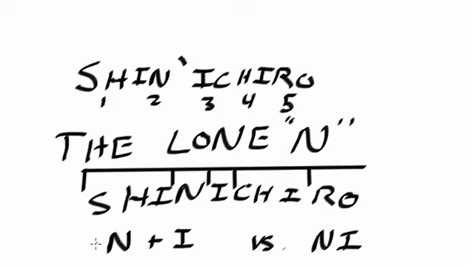So, we will move to the next problem, which is the OO versus OU. And the reason why this is a problem is because whenever Romaji is written out, this is almost never written.